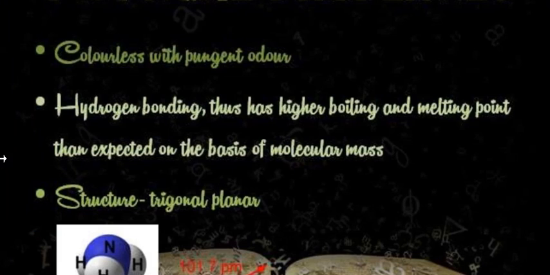And it has higher boiling point and melting point, because ammonia has hydrogen bonding, due to which it is associated.